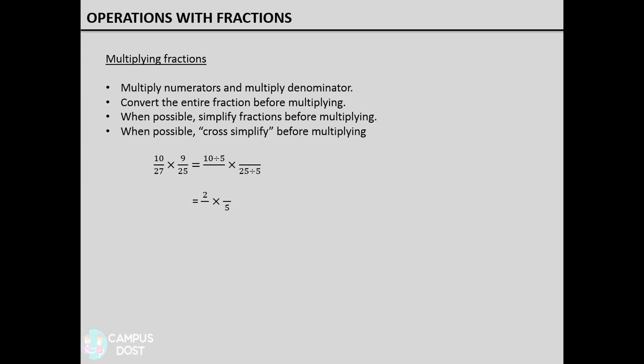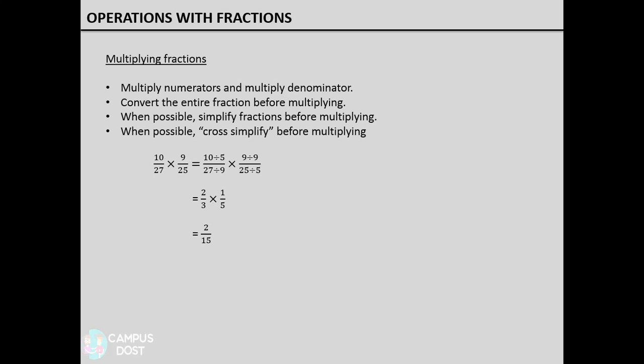At this point, we examine the other numerator and denominator and determine whether we can divide both of these values by some number. In this case, we can divide 9 and 27 by 9. When we do this, 9 and 27 simplify to be 1 and 3. Now that we have completed our cross simplification, we can multiply the numerators to get 2 and we can multiply the denominators to get 15.